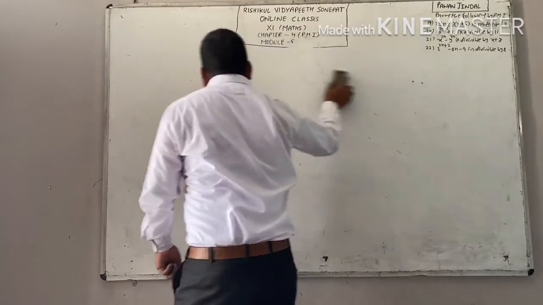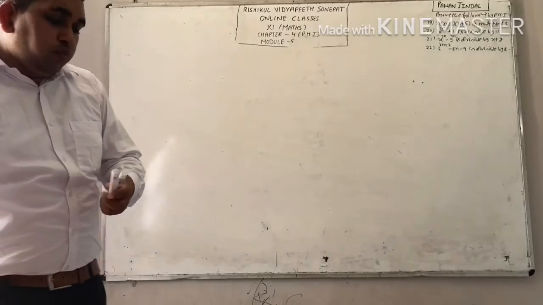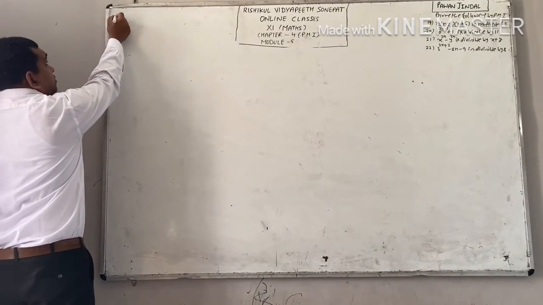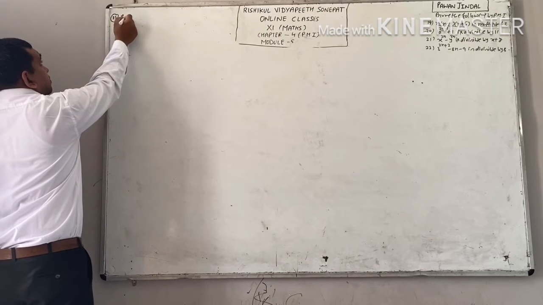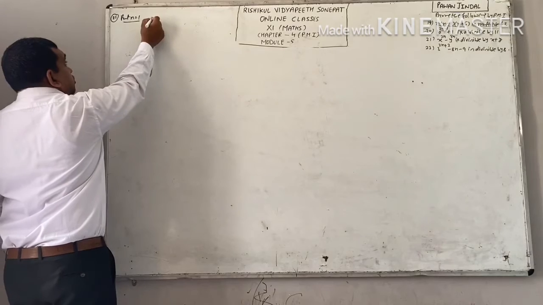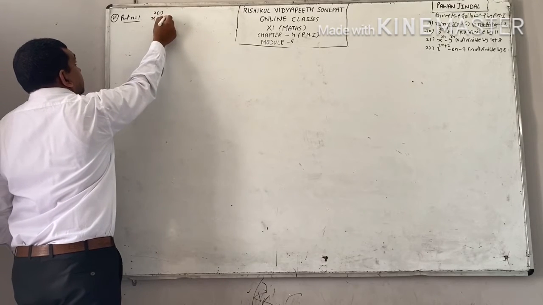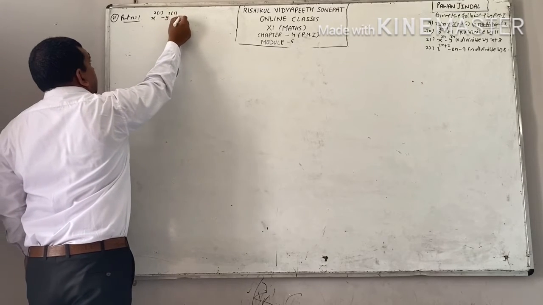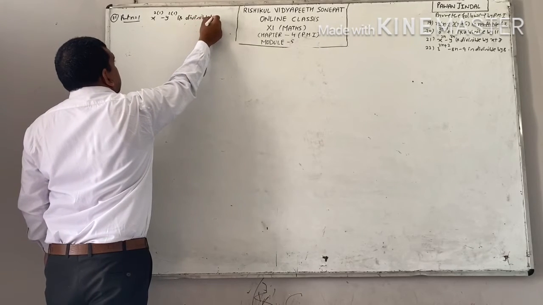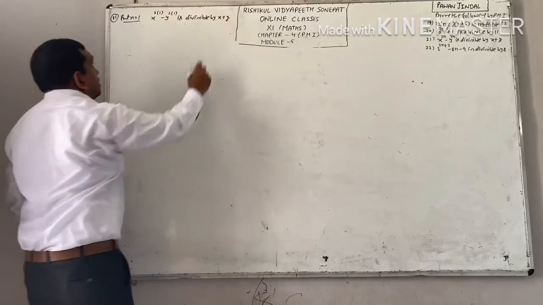See what will you get. Now when you put n equal to 1, you will get x raised to power 2 into 1 minus y raised to power 2 into 1 is divisible by x plus y. Right?